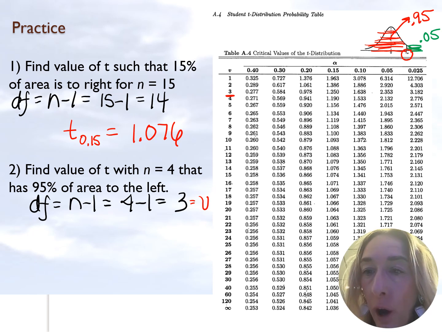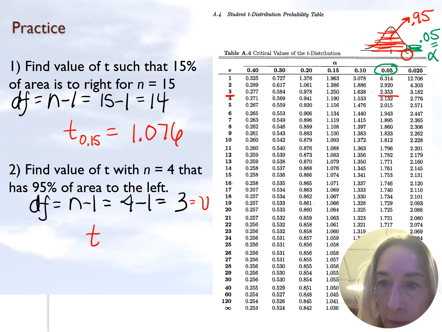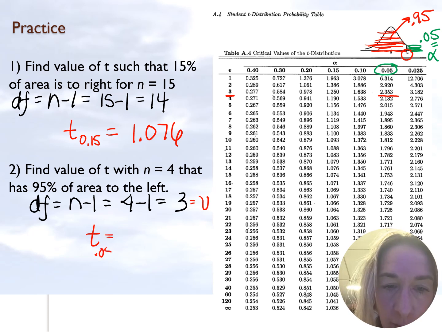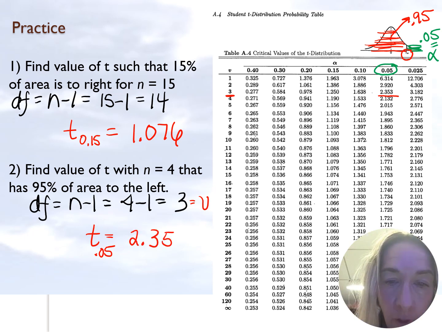So our alpha in this case is 0.05. We're going to read off the value at the intersection of those two. In this case, t, if you want to write it as t sub 0.05, equals 2.353.